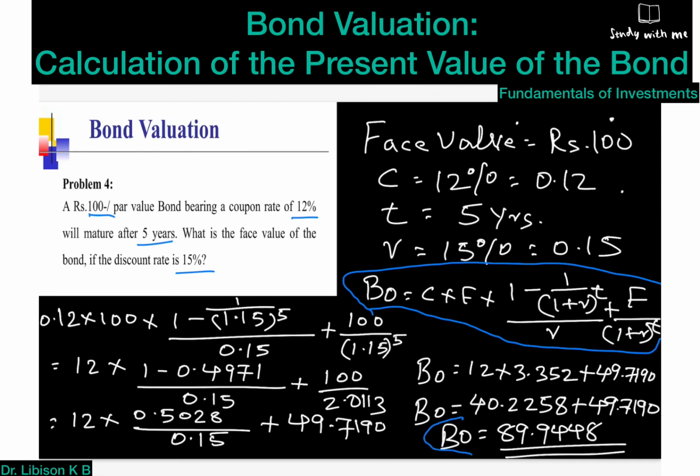B0 is equal to 89.9448. So there could be some variations in the decimals. So accordingly the exact answer might be somewhat different. Instead of 89.94, you might be getting 89.26, 89.85, even 90.01.